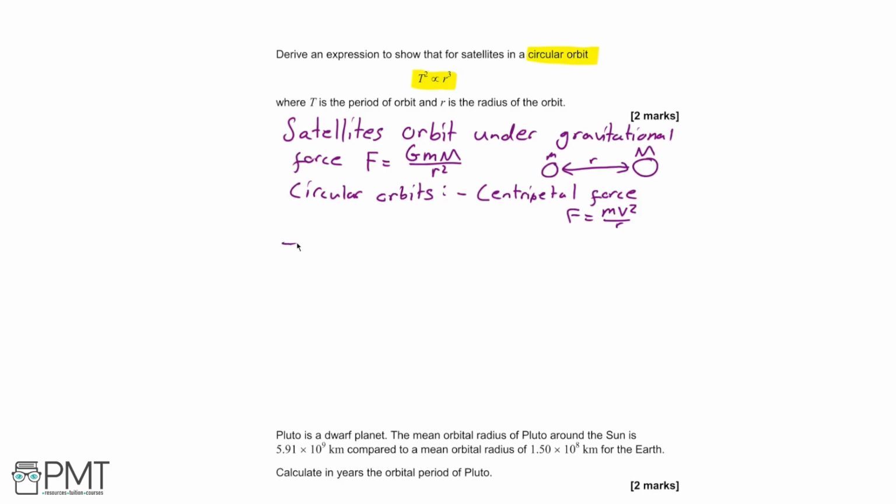We also have that the velocity or the speed of an object is given by the distance traveled, 2 pi r, r being the radius of orbit, divided by the time period. So this is just the circumference of a circle.